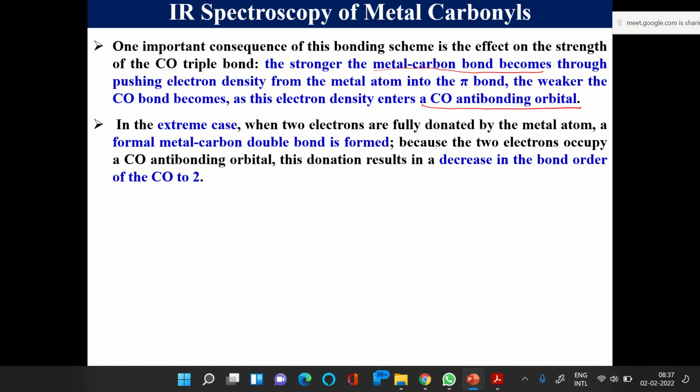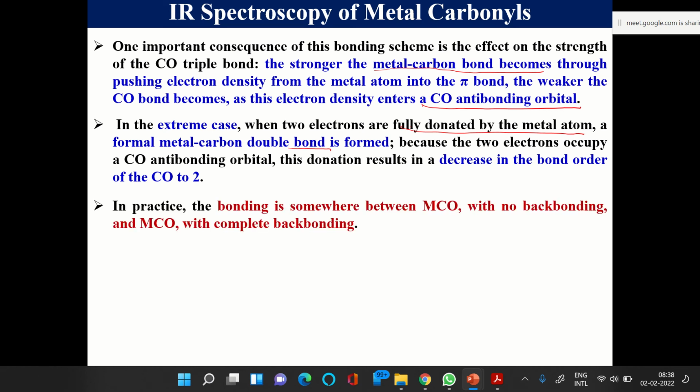there are two extreme cases when we can analyze. One is that when two electrons are fully donated to the metal atom, a formal metal-carbon double bond should have been formed. Similarly, the CO bond order will also reduce to 2, because two electrons come into the anti-bonding orbital.